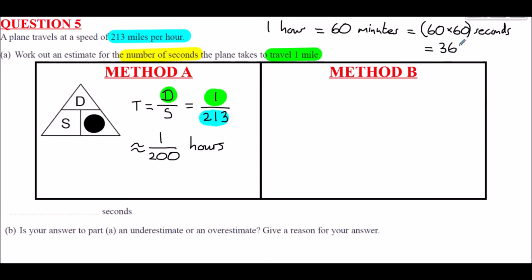Add on the 2 zeros. We can see that an hour is 3,600 seconds. So 1/200th of an hour means 1/200th of 3,600 seconds.